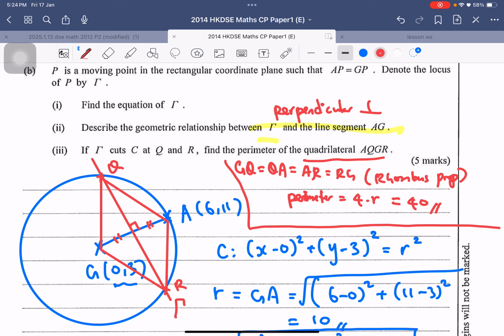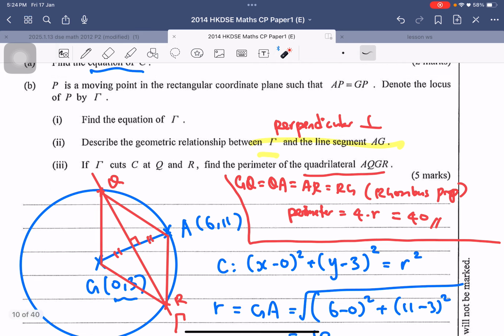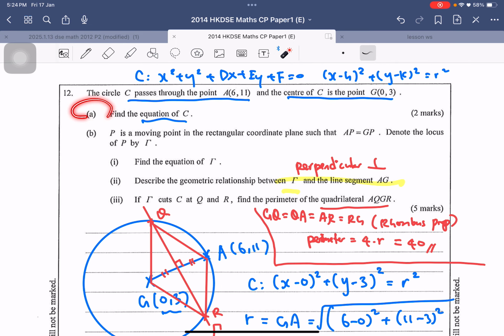But at first, that's why we must draw the diagram. If you don't know how to do these questions, it's fine, absolutely fine. But all of you, at least part A is a must to understand. It's a level 2 question.